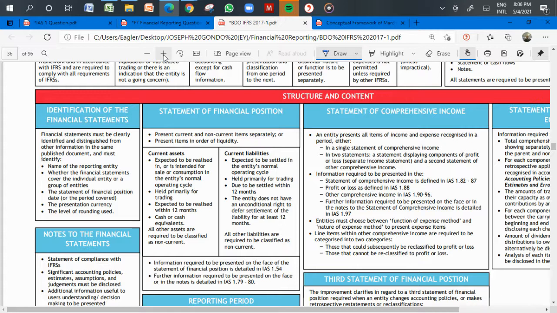That is the definition of current assets. What about non-current assets? IAS 1 says all other assets that are not current assets should be classified as non-current assets. So we don't actually have a separate definition for non-current assets. To define a non-current asset, you should know the definition of a current asset.